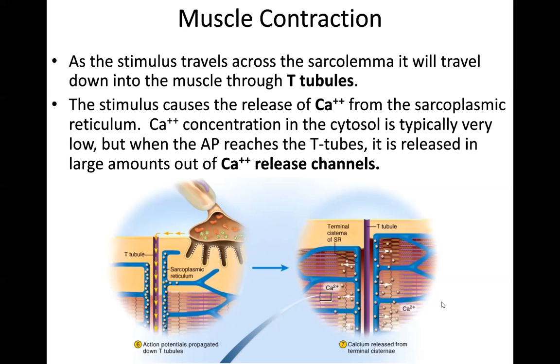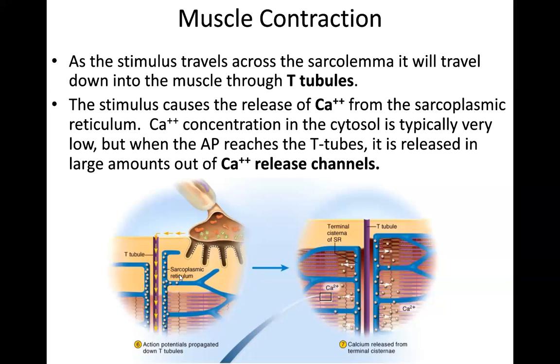Okay, and that's what we're showing here with step 6. I guess they're using the yellow arrows to denote an action potential going from that neuromuscular junction throughout the sarcolemma and then down into the fiber, thanks to the T-tubes. Now, as we learned the other day, on both sides of a T-tube are what we call terminal cisterns. Terminal cisterna will be the fattened ends of the sarcoplasmic reticulum.